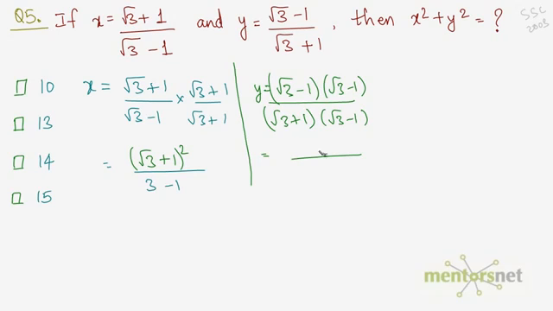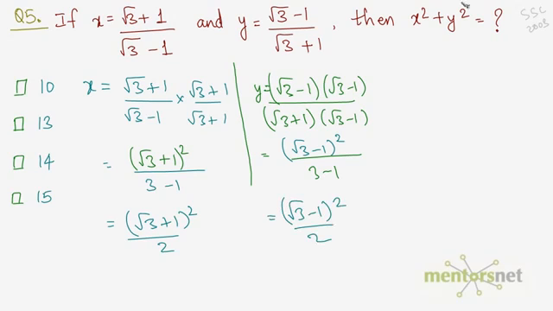A square minus b square, which is 3 minus 1. In the numerator you get root 3 minus 1 whole square. So you have the simplified values of x and y. X is root 3 plus 1 whole square by 2, and y is root 3 minus 1 whole square by 2. Well, let us actually simplify this more.